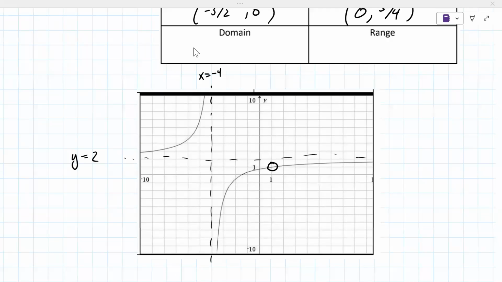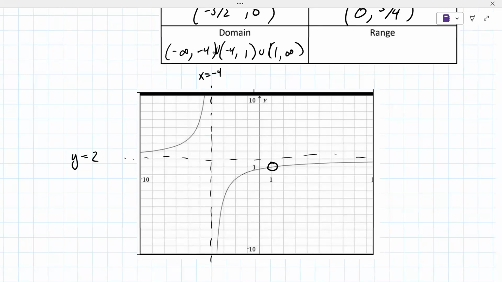All right, I got the domain from -infinity to -4, not including -4, union -4 to 1, union 1 to +infinity.